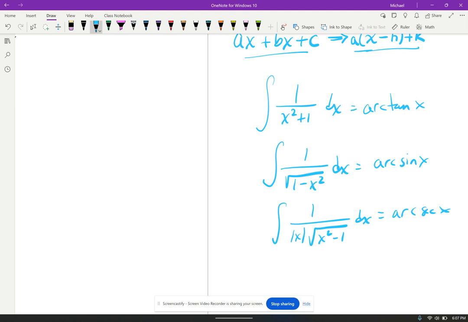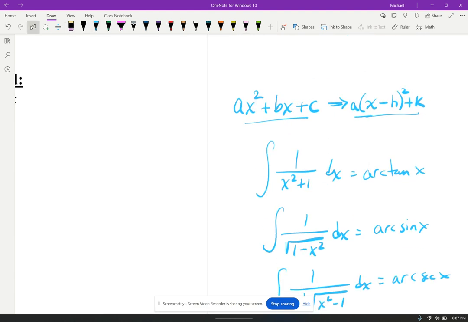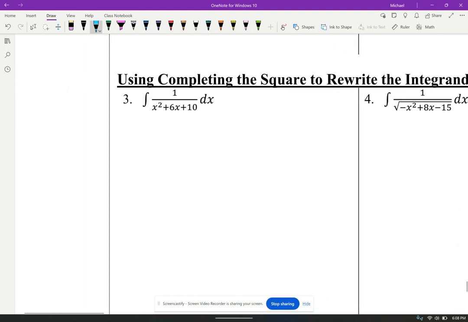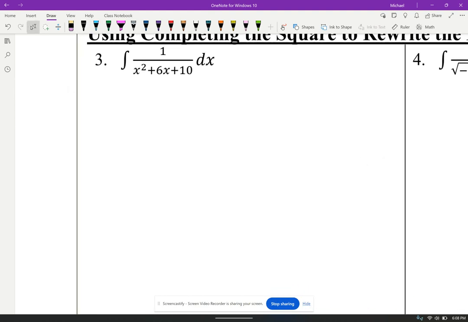And so if we're able to rewrite it and make it look like this rather than this, then that's going to maybe get us to one of these shortcuts that we know and love.